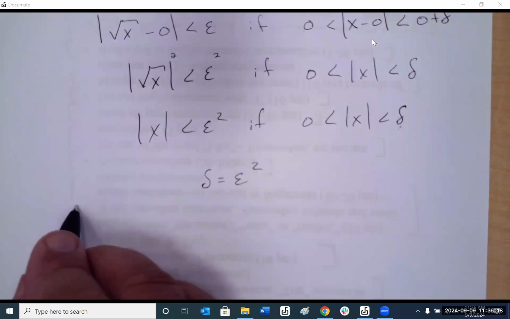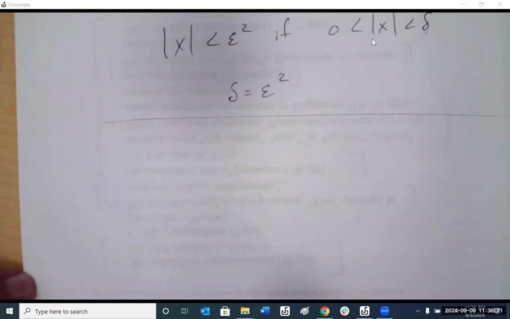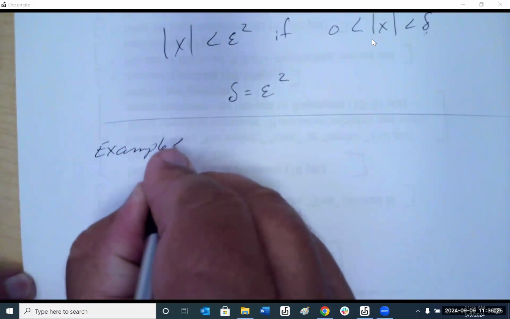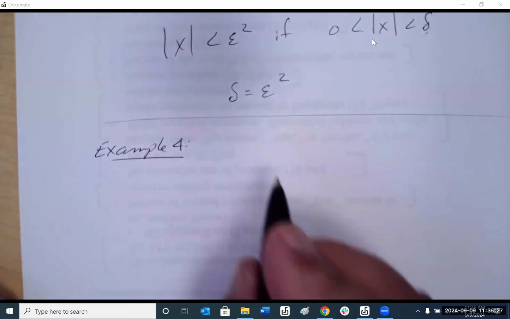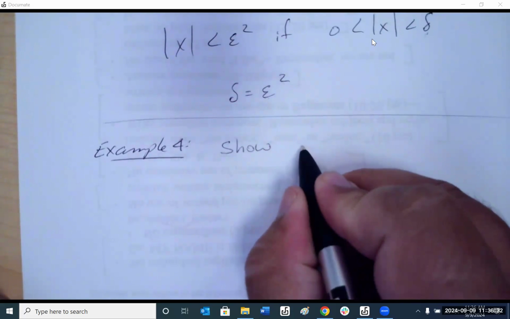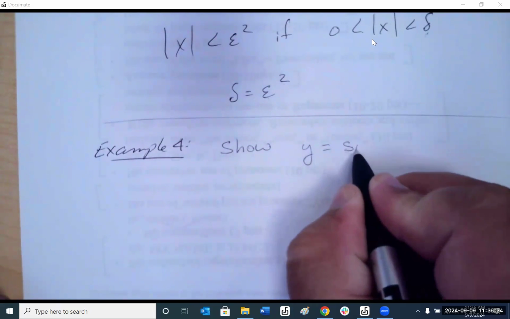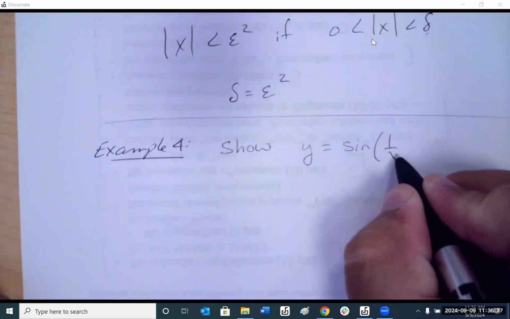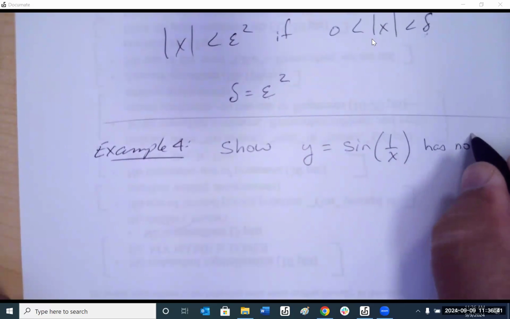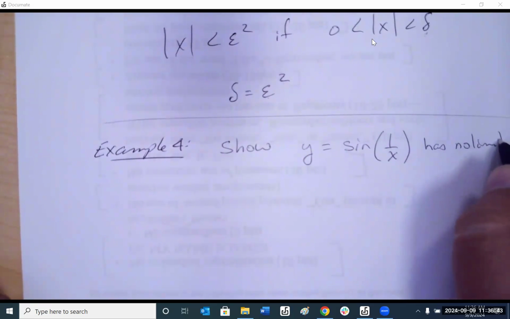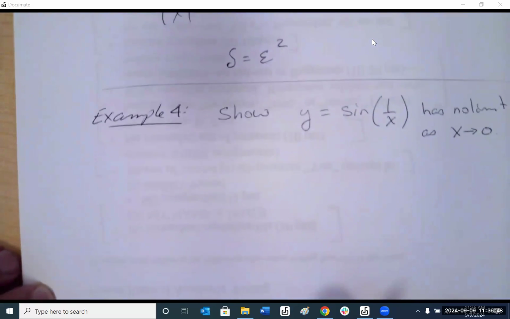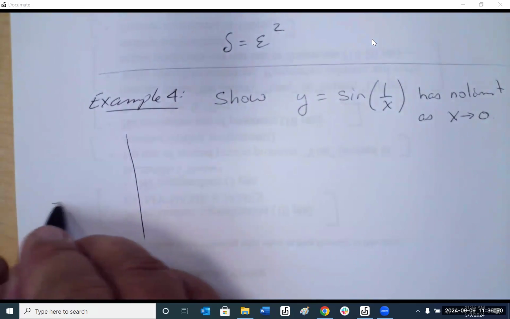Example 4. Show y equals sine of one over x has no limit as x approaches 0, as you can see from the graph.